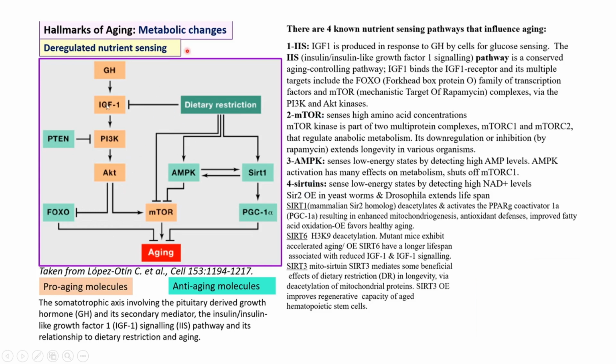Growth hormone is secreted in response to glucose through the somatotropic axis by the pituitary gland. So when the glucose level is higher, that is when there is higher food intake, the pituitary gland will release growth hormone, and that growth hormone will further stimulate the activation of insulin-like growth factor 1, IGF-1.